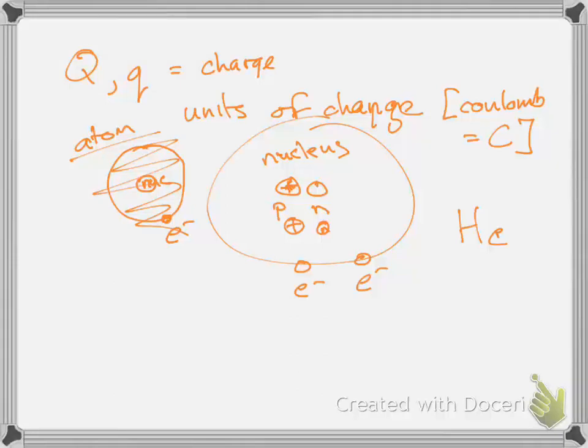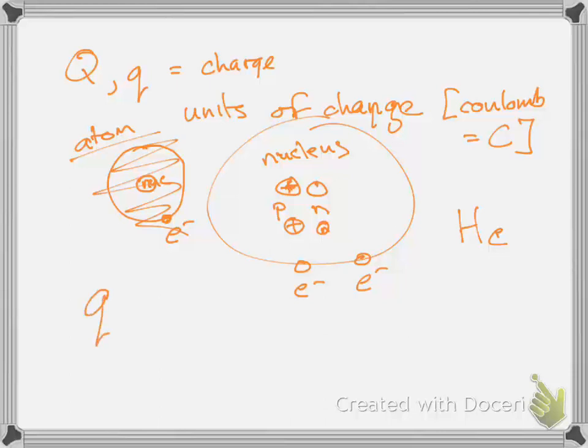A neutron, which is neutral, actually has the same number of positively charged quarks and negatively charged quarks, while the proton has a net positive charge because it's got more positively charged quarks than negatively charged quarks. But for the sake of the kind of physics we're doing, we're only going to think of protons and electrons as the fundamental charge, because quarks are not stable by themselves. If we find them separate from things, it's because we've blown something up. So the stable fundamental charge is the electron or the proton.